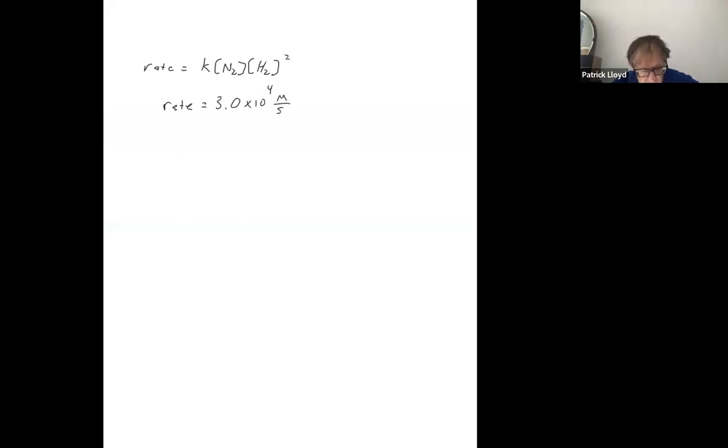Then, so that's the first situation, the concentration of N2 is halved. What happens to the initial rate? Okay. So let's take a look at that one.